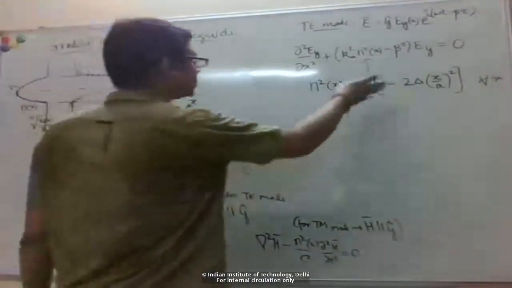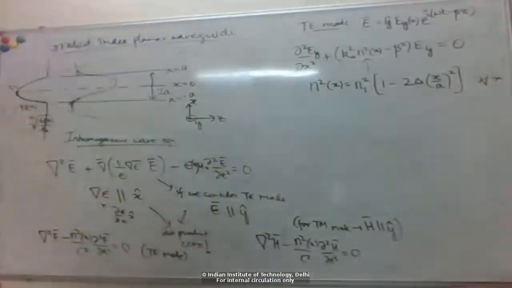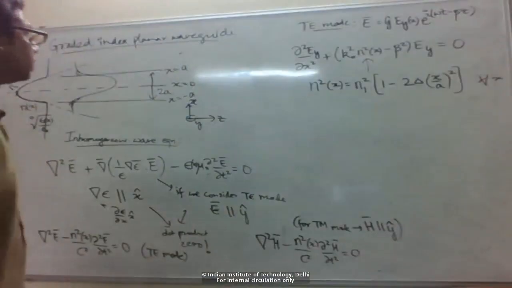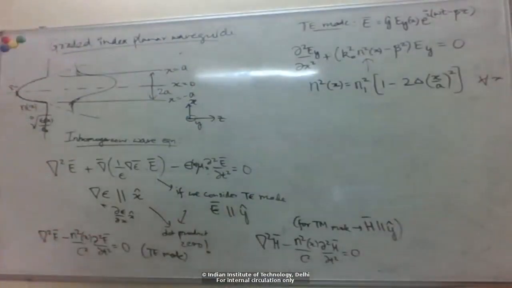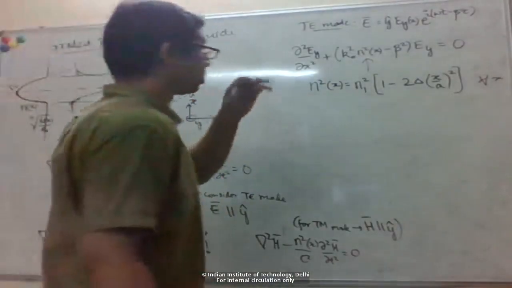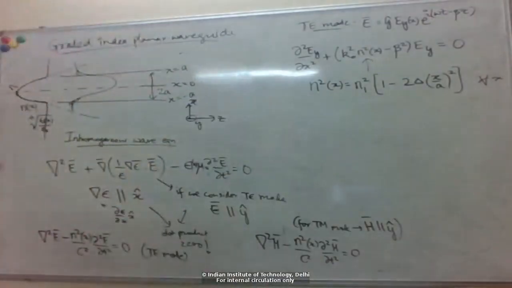Right, so when we were discussing ray paths, we discussed why the parabolic profile is important. So we'll see, in optical fibers also, this parabolic profile is a popular gradient index optical fiber.